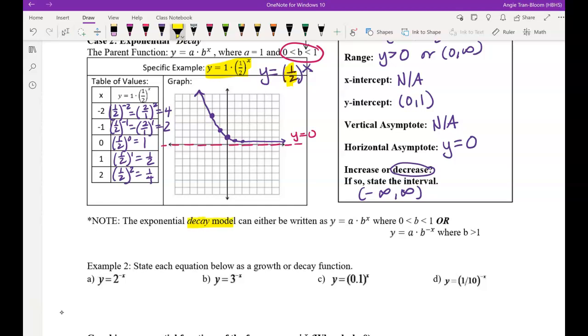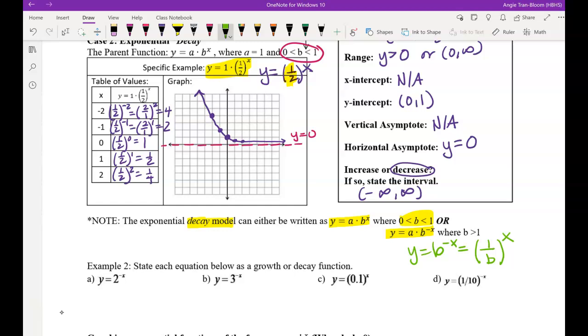The decay model can be written as y equals a times b to the x, where your base is in between 0 and 1, or y equals b to the negative x. The reason that's the same is, guys, remember, to make this negative power positive, we move it to the bottom, 1 over b, and change to the positive exponent.